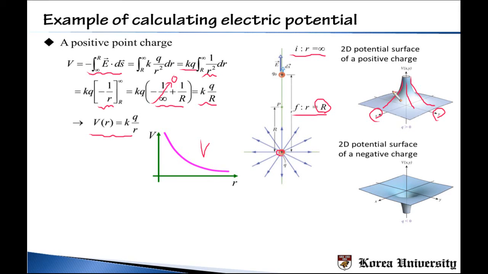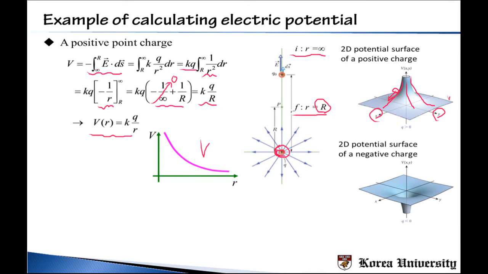Imagine you have a ping pong ball over here, and the ping pong ball will start to fall down, right? And this is exactly what the positive test charge may experience at this position. The electric potential from the positive point charge will look like a mountain here.